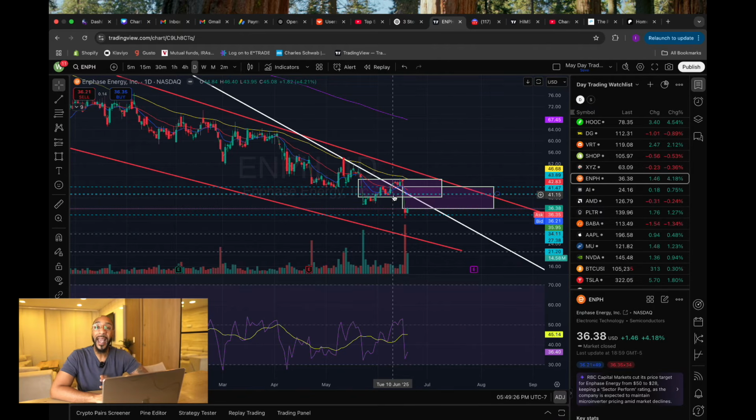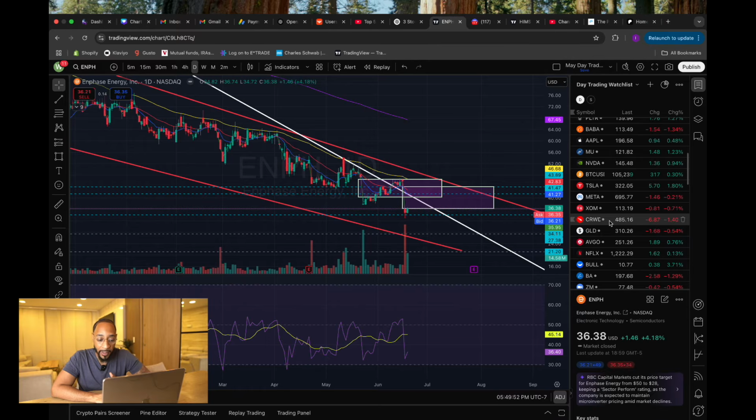So on the pullback inside of the gap, you can get back in another swing, another month out, and ride it back to the upside. That way you don't have to worry about being in one trade. You can secure those profits and reinvest into the same exact swing on the pullback and ride it to the upside. So that's Inphase.